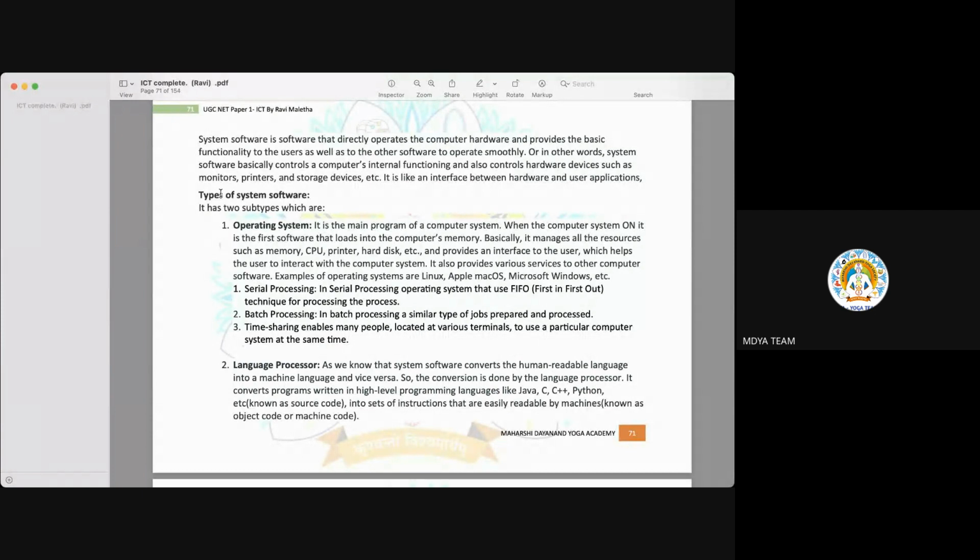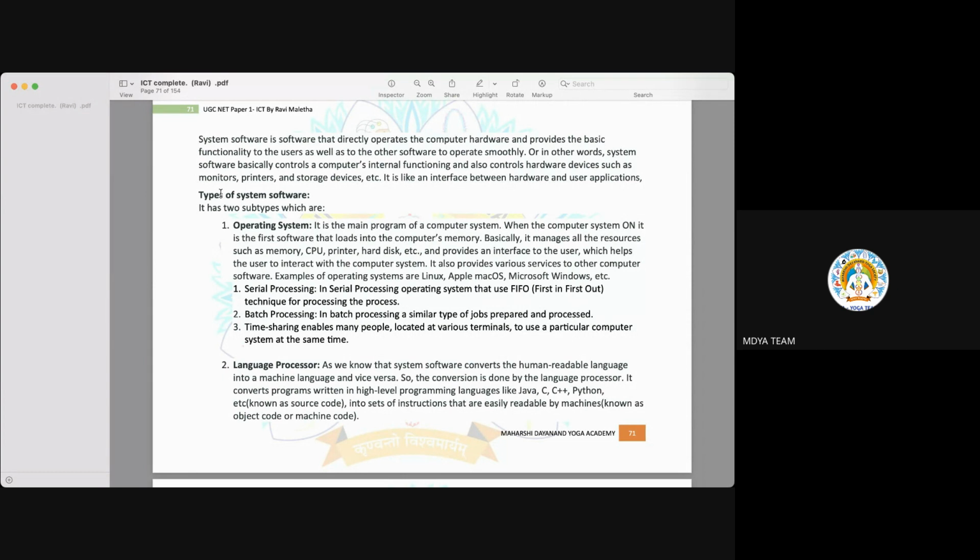System softwares are nothing but some group of instructions which are necessary for computer hardware to operate, to provide the basic functionality to the user as well as to the other software to operate smoothly. Or, in other words, system software controls a computer's internal functioning and also controls hardware devices such as monitor, printer, storage, and so on. So it is the interface between the hardware and the user applications.